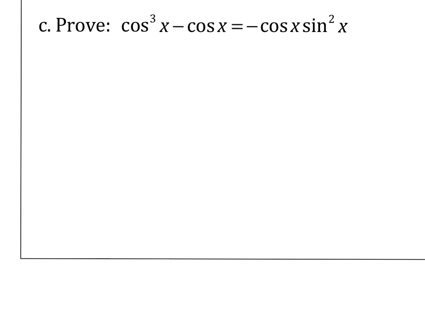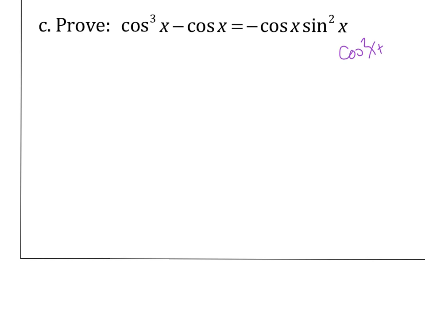Okay, for our last identity, we're looking at cosine cubed x minus cosine x is equal to negative cosine x sine squared x. In looking at this, we are trying to work between cosine and sine. Everything's already set up in terms of sine and cosine. In that case, I'm going to predict that I'll have to use my Pythagorean identities.